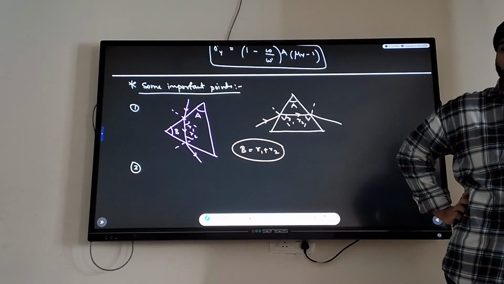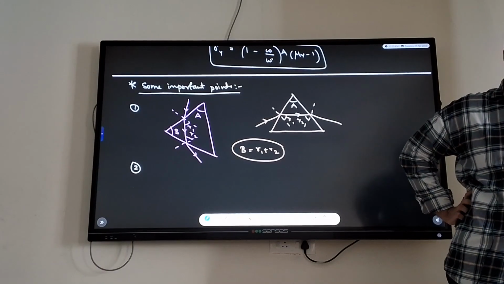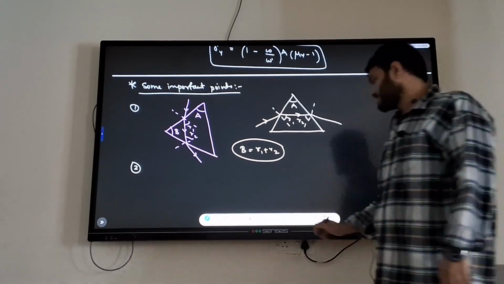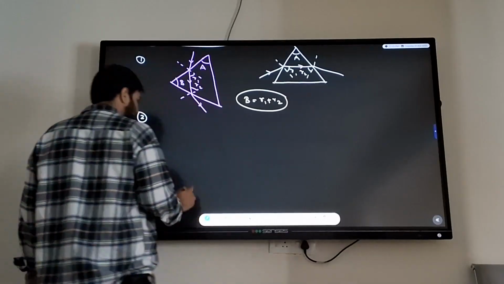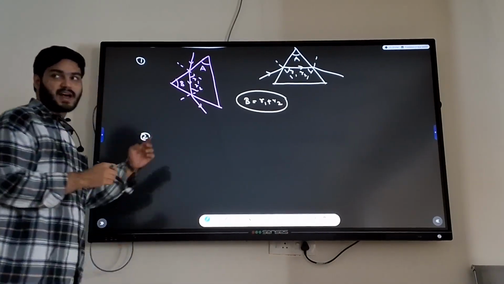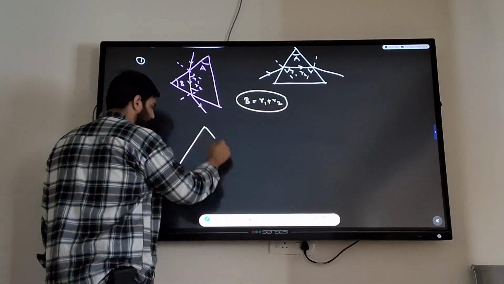Minimum deviation. Huh? Minimum deviation. In the case of minimum deviation, you find R1 and R2 are equal because I is equal to E. Yes.